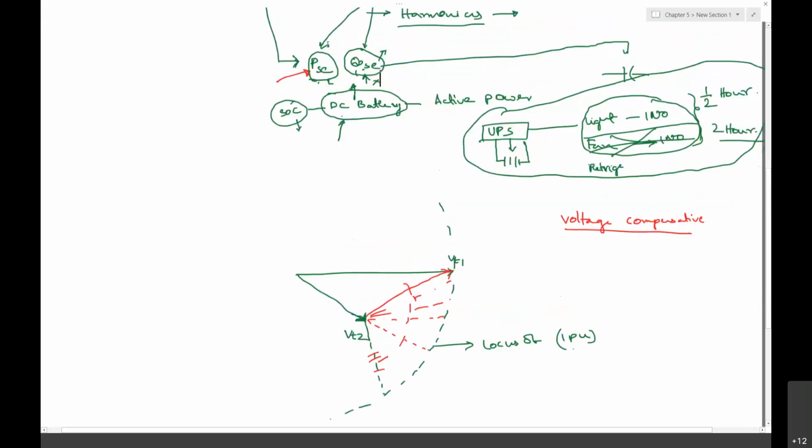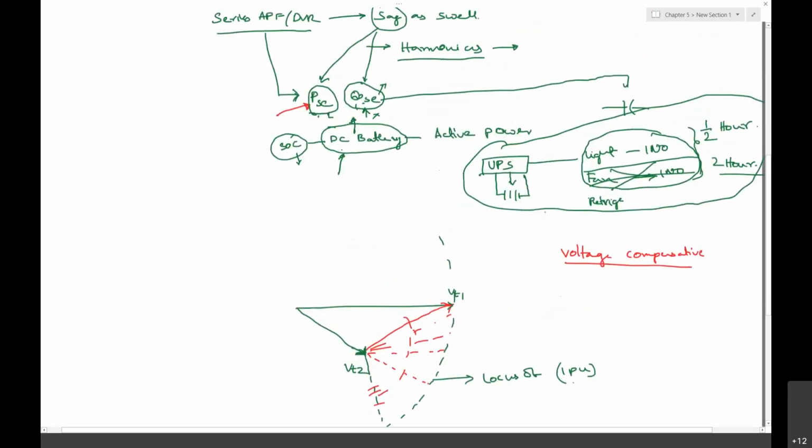Why do we need to minimize the real power? In order to increase the voltage support for a longer duration.